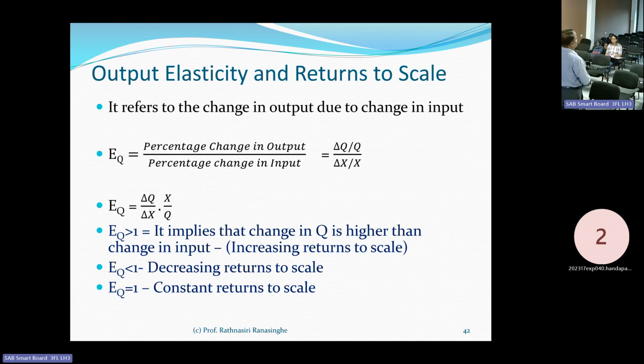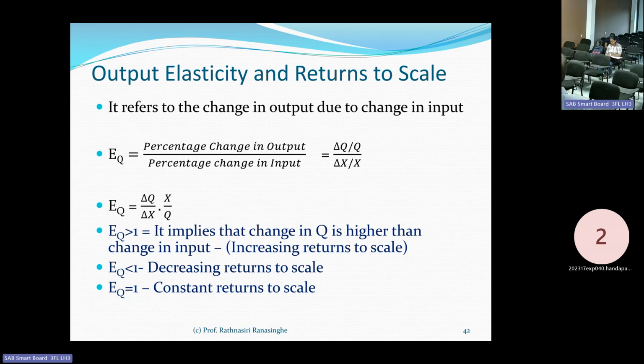You may be familiar with elasticity: how the output changes with respect to change in the inputs, the relationship between the input and the output. So we can use the concept of output elasticity, which measures the speed of change in the output due to change in the variable inputs.